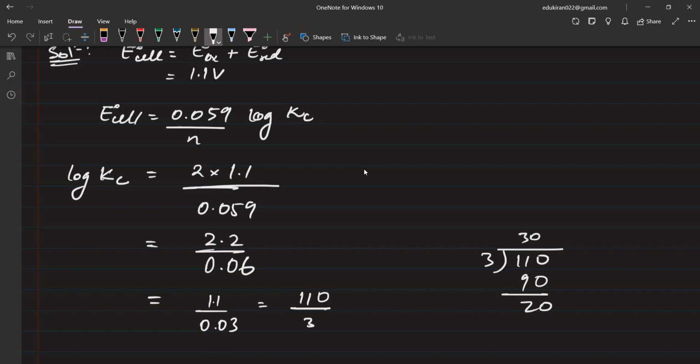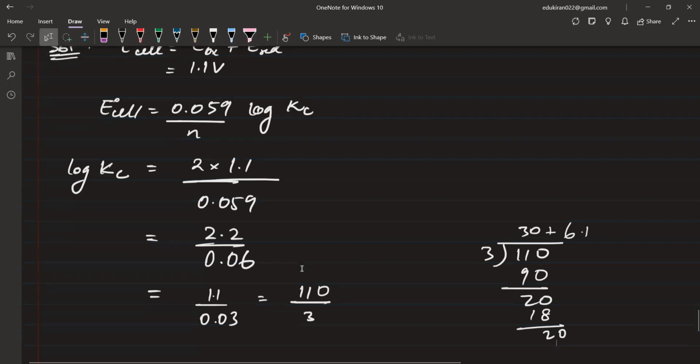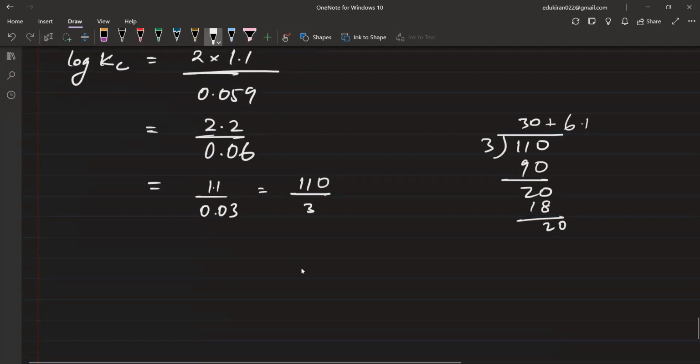And 20 के बाद और इसमें ऐड कर देते हैं हम लोग 3 6, 6, 18 हो जाएगा. ये 2 बच जाएगा and then point लगा देंगे और 30.666 होगा.